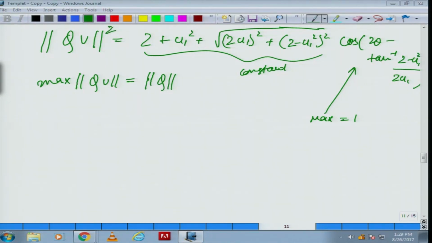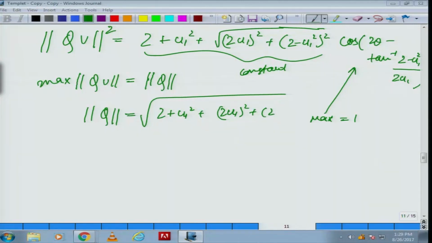Sorry, it's square. So you'll get the norm of Q to be the square root of 2 plus U1 square plus 2 U1 square, and this can be simplified to the square root of 4 plus U1 to the power 4.